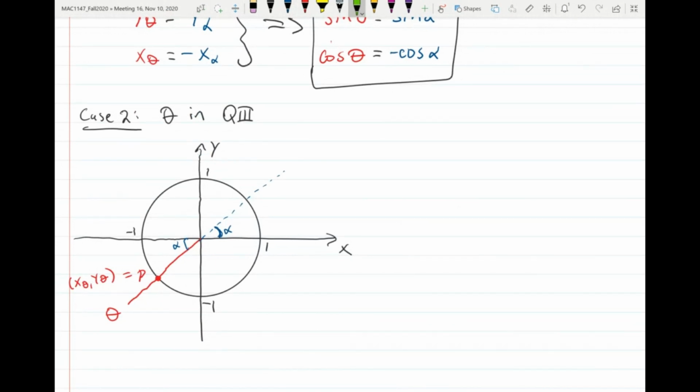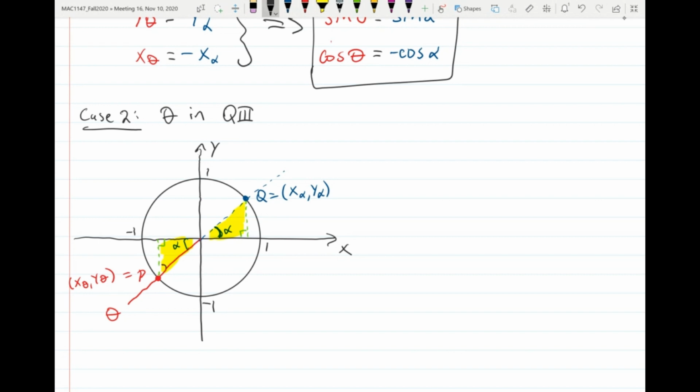All right. So as usual, I'm going to look at this triangle right here, and then we're going to look at the corresponding triangle over here. And once again, here we get a point. Let's call it Q. That has x alpha, y alpha. Those are the cosine and the sine of alpha, respectively. And then we have this triangle. Once again, they both share alpha. They have a 90-degree angle.